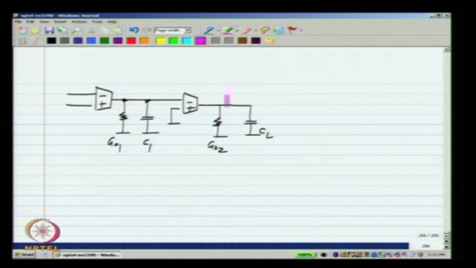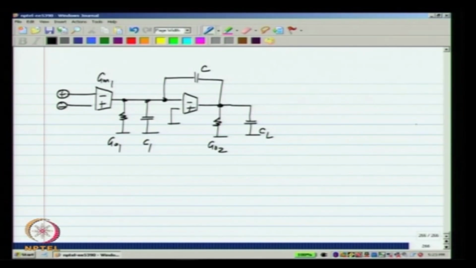I will show only the output conductance, but if there is a load resistance, that can be absorbed into the output conductance GO2. This is GM1.